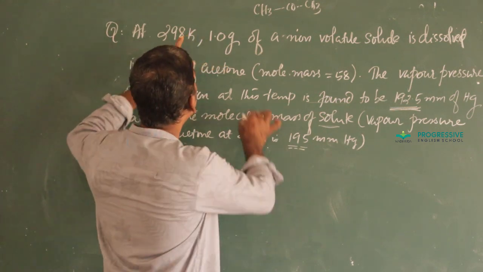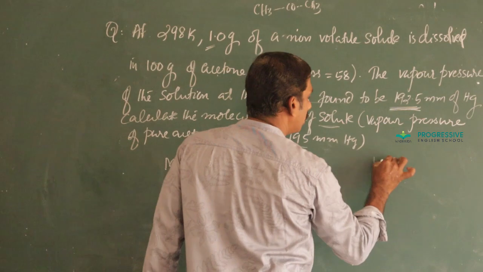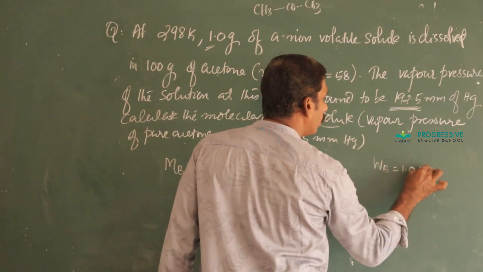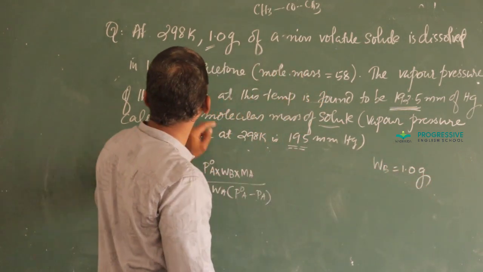Here the mass of solute is given, that is WB equal to 1 gram.